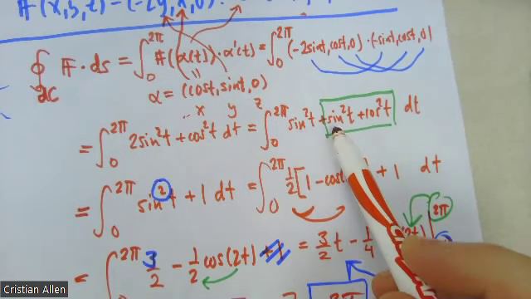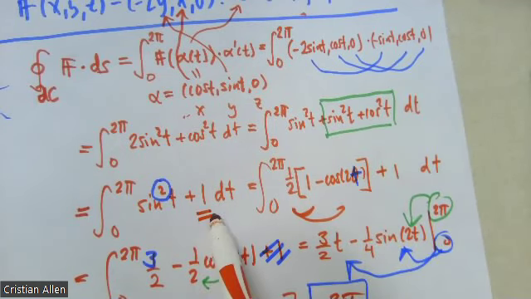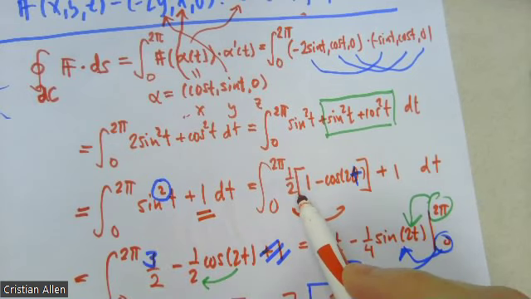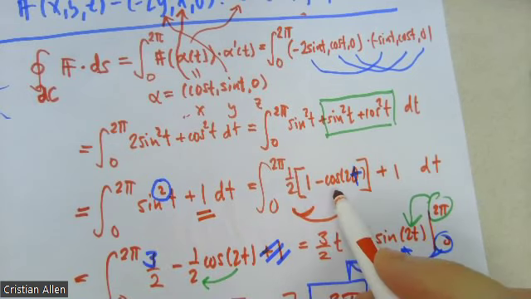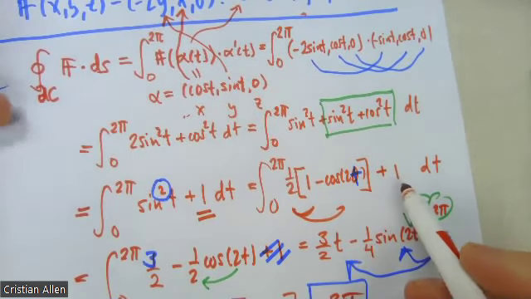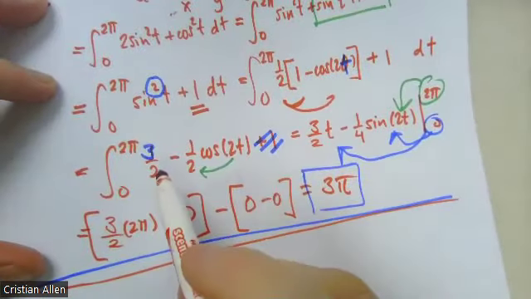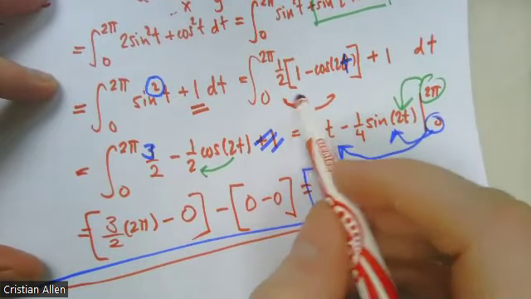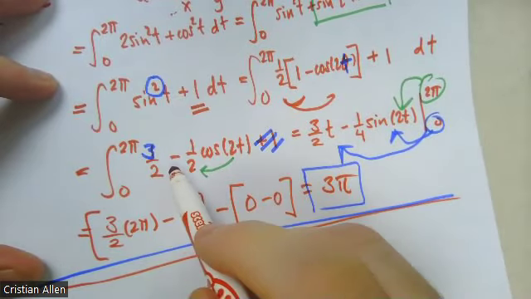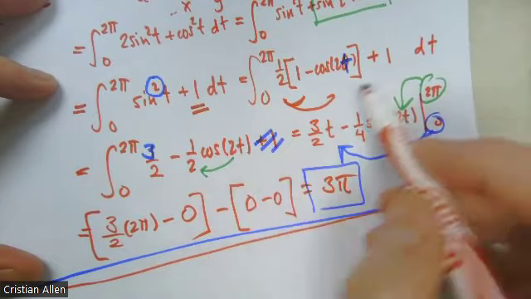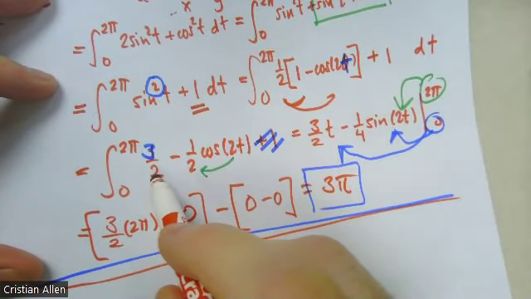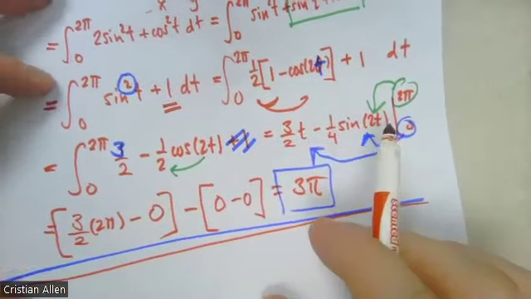We broke these up. I wonder, did I ever forget about this one? Maybe. Let's see, we reduced this. We added the 1. We multiplied this out. We had 1/2 minus 1/2 cosine 2t. We added the 1 to the 1/2. We got 3/2. That checks out.